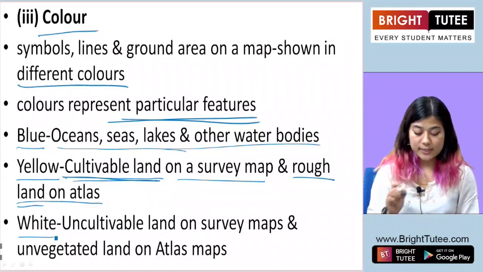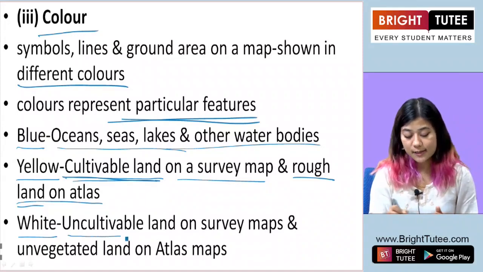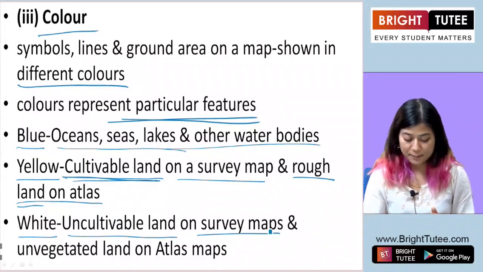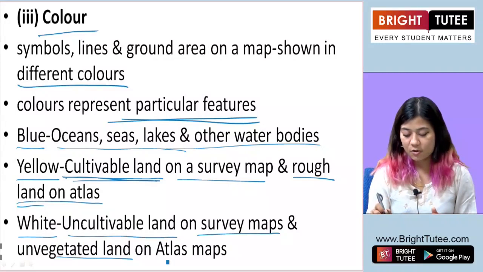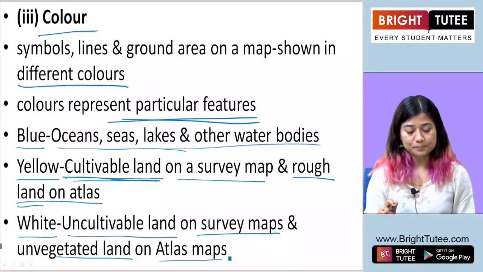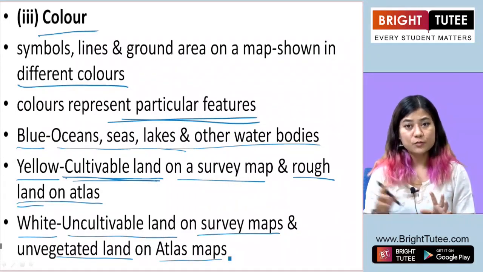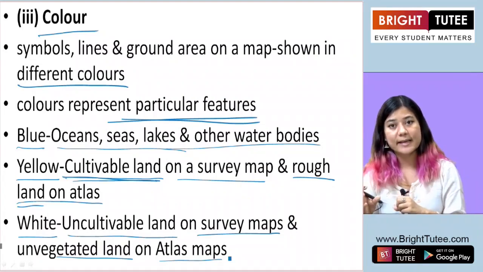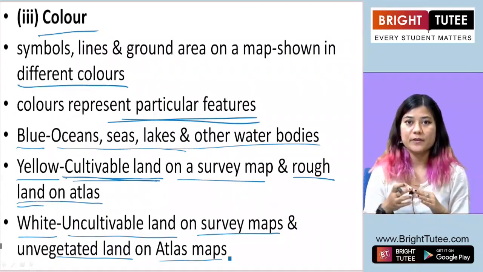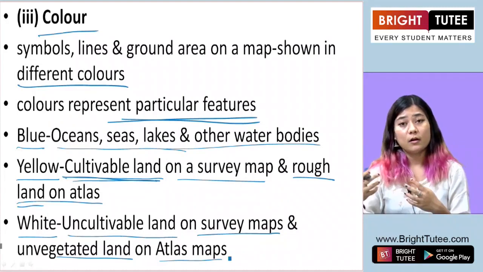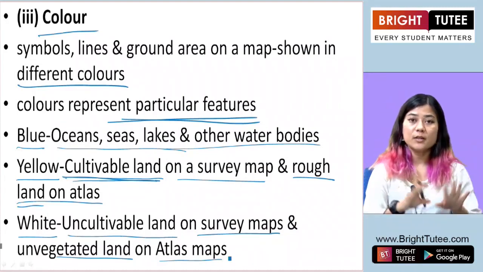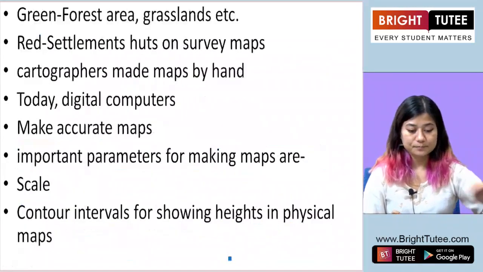And white color is used to denote uncultivable land on a survey map and unvegetated land on atlas. Okay, so we also have to be a little careful about how they are slightly different, or they mean something more on atlases and on the topographical sheets.